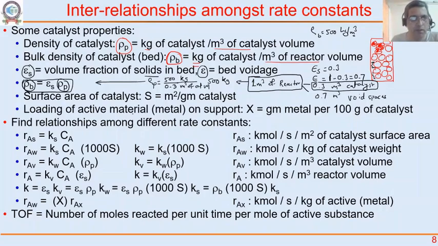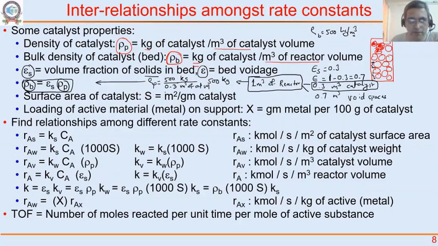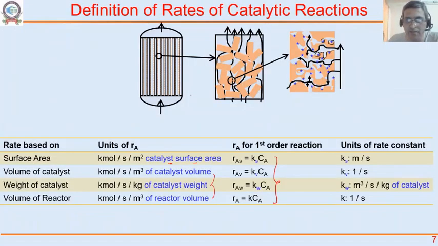Another thing that is very important: because the catalyst is porous, it has a surface area on which the active sites are present. So what is important is the surface area of the catalyst. We define the surface area of the catalyst as meter square per gram of catalyst. Remember, this surface area is not just the external surface area of this catalyst pellet.